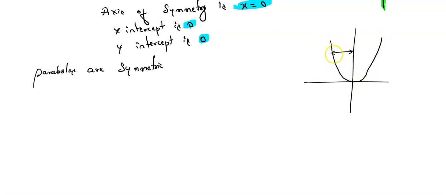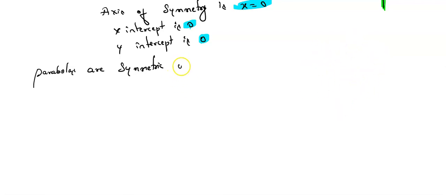The distance from here to here and from here to here remains the same. This side offset is the same as this side. That is what we call symmetry. The parabolas are symmetric with respect to a line.